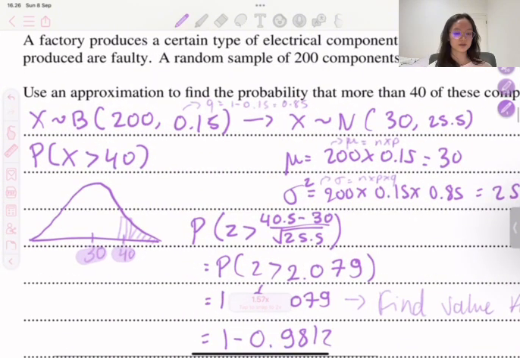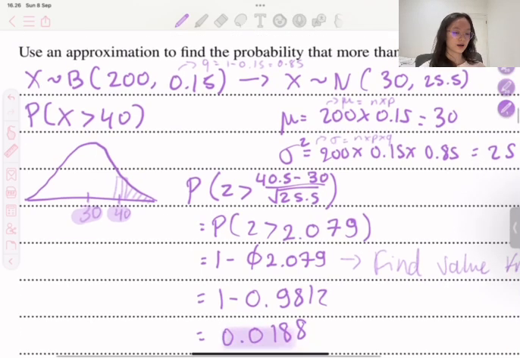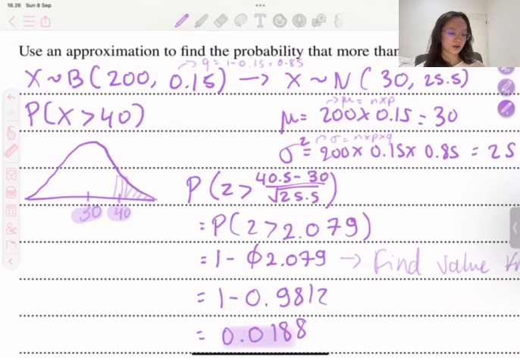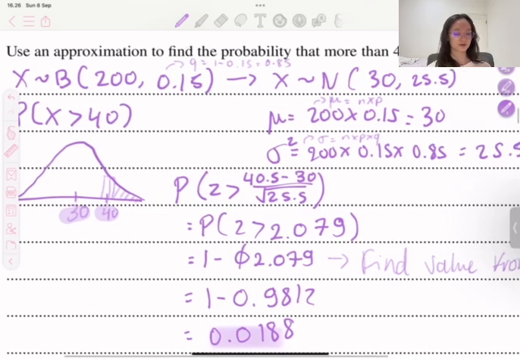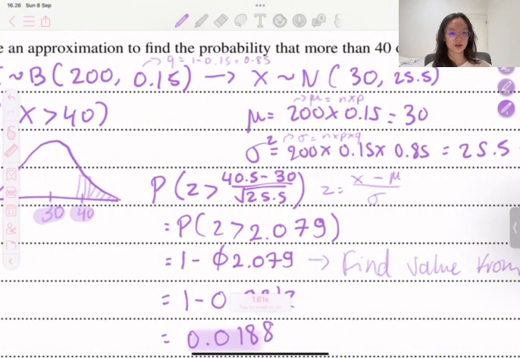So here we can just find the z by subtracting 40.5 minus 30 over the square root of 25.5. You know the way to find z is by subtracting the value of x with the mean and then dividing by the standard deviation.